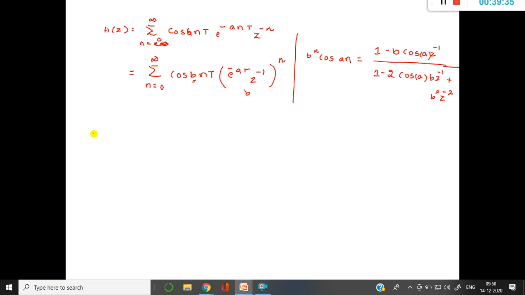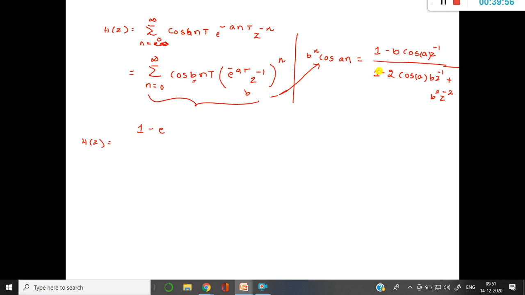Now once again, how do you apply it here? H of z is equal to the entire thing. This is the standard value, and I just replace it suitably according to my problem.